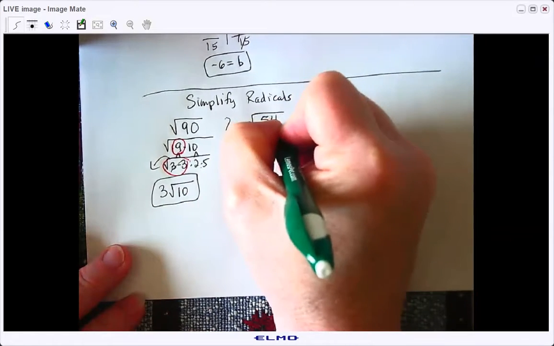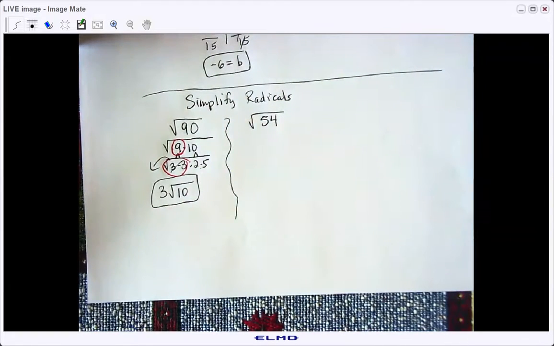Go ahead and do root 54. And let's see if we all get the same answer.